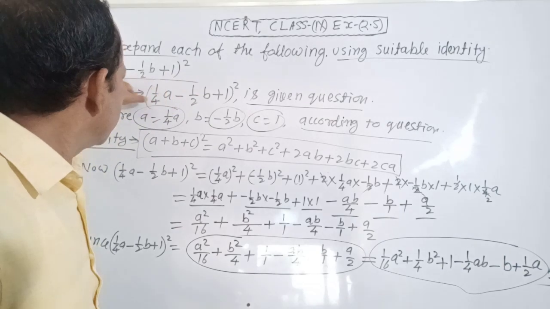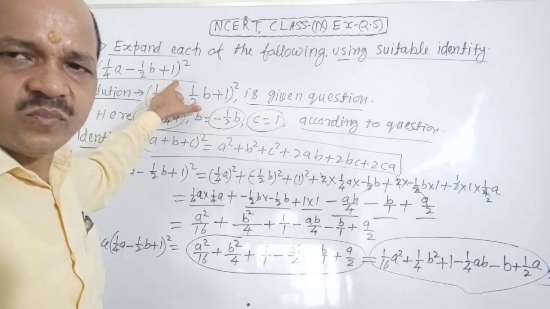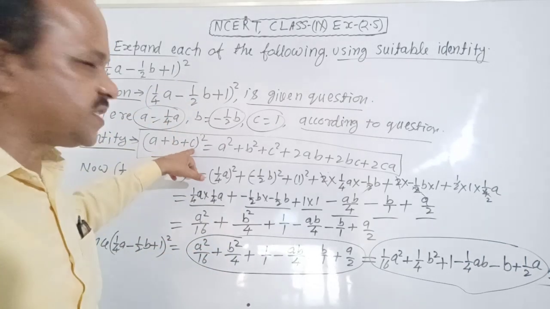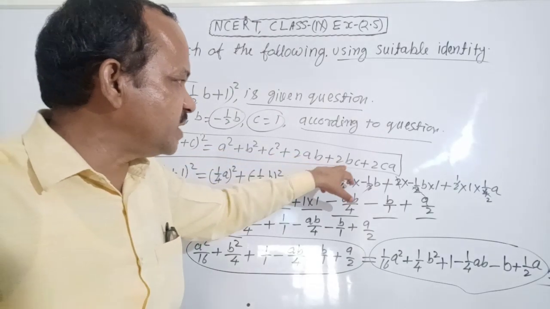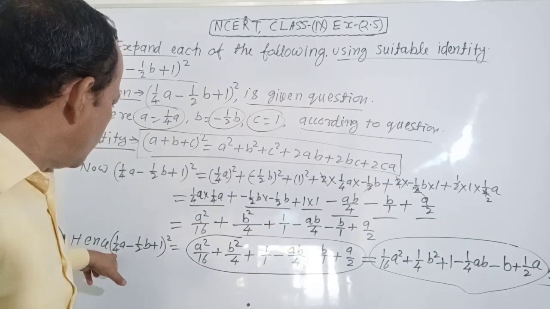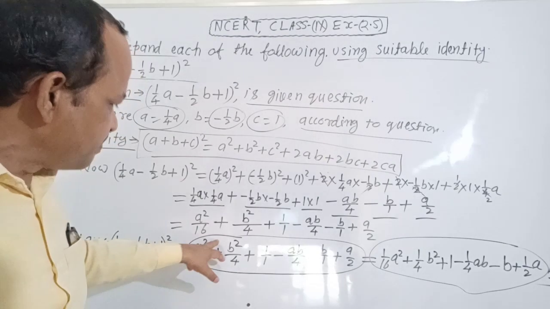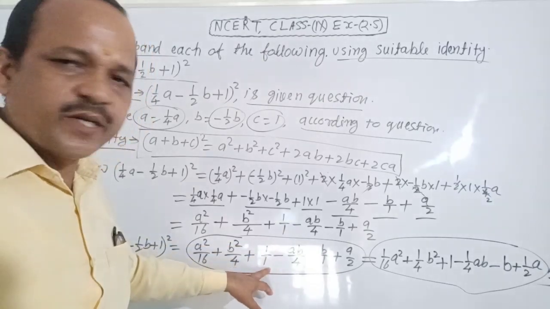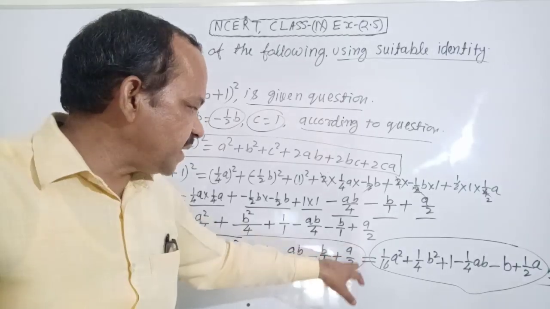You expand 1 by 4a minus 1 by 2b plus 1 whole square with the help of the suitable identity a plus b plus c whole square equals a square plus b square plus c square plus 2ab plus 2bc plus 2ca. And you find your answer: 1 by 4a minus 1 by 2b plus 1 whole square equals a square by 16 plus b square by 4 plus 1 by 1 minus ab by 4 minus b by 1 plus a by 2.